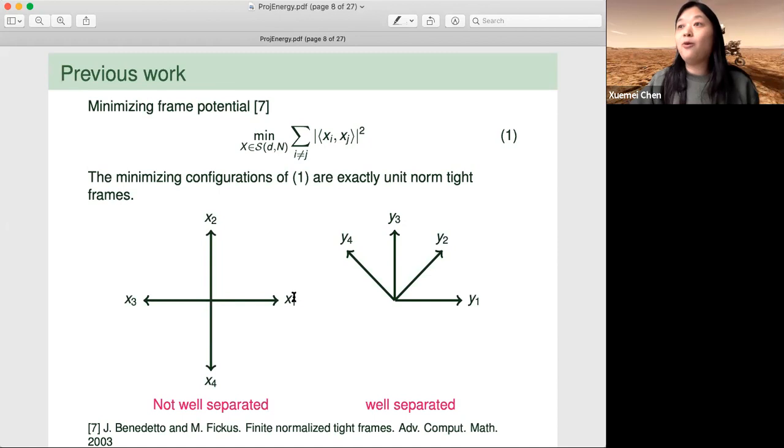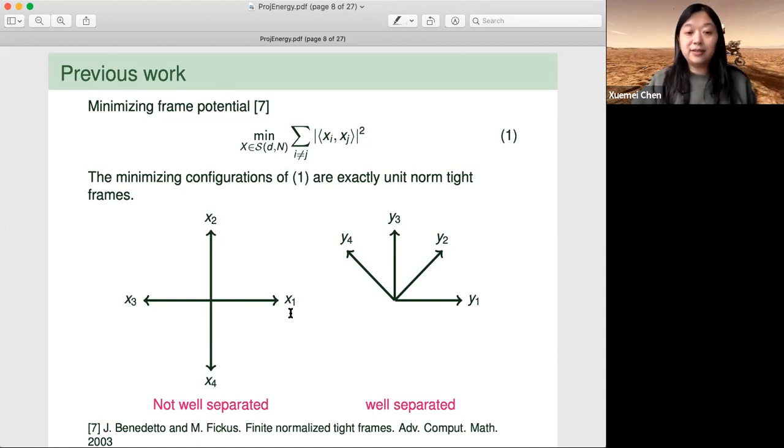It didn't say anything about well-separation. In fact, you can totally have a frame that's completely not well separated. On the left and on the right, they're both tight frames, unit norm, but on the left it's the worst separated possible because X1 is equal to X3 in the projective space. So they're the same line.